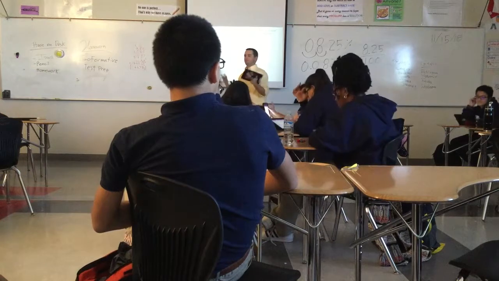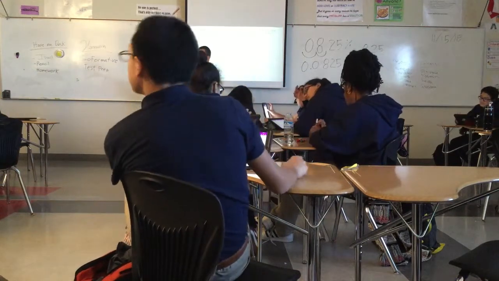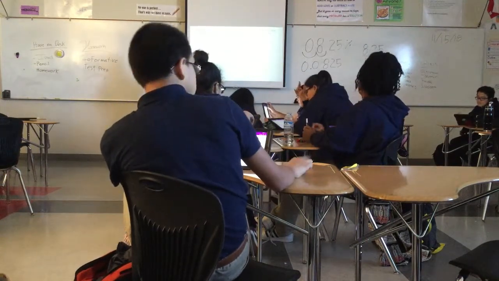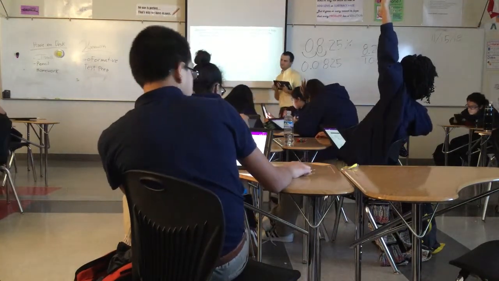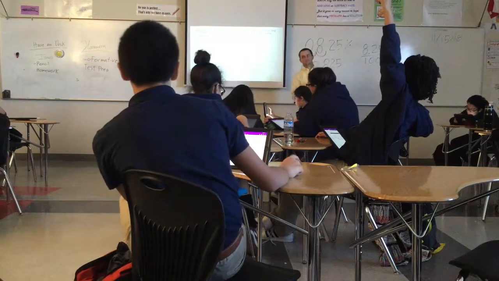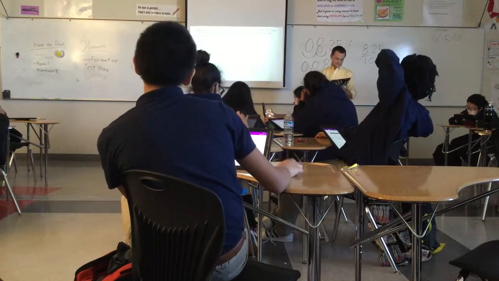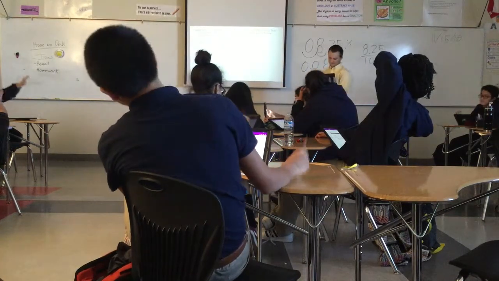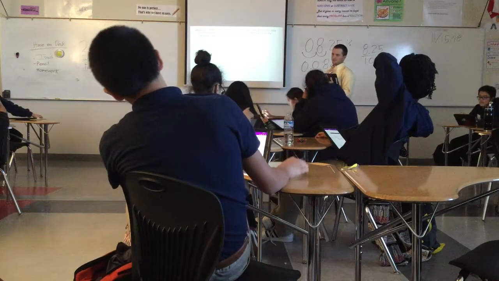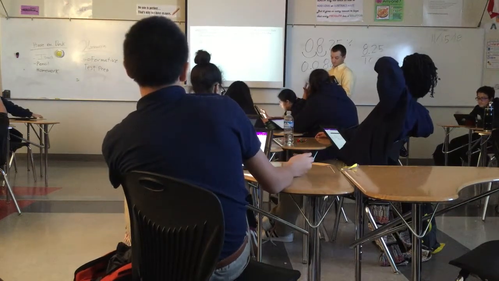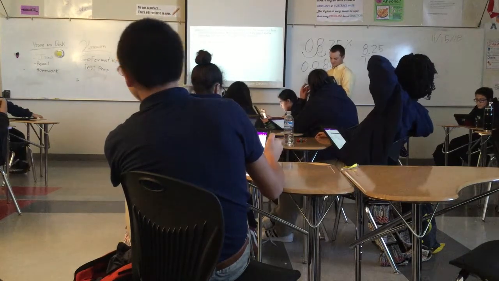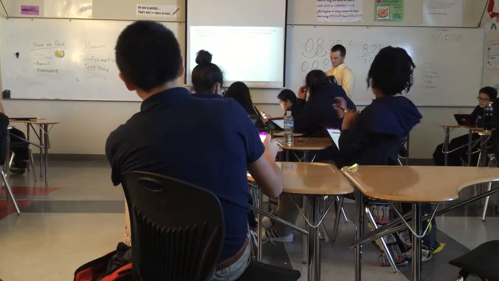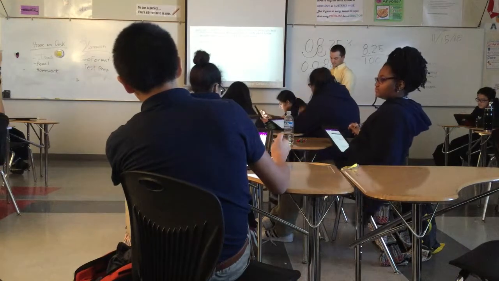Multiply what? Give me a full sentence. Times your tax, 6%, turn that into a decimal. Good, so we turn that 6% into a decimal. And what's 6% as a decimal? Good, 0.06.